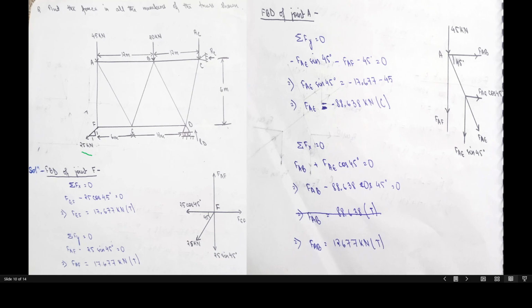So using the Pythagoras theorem, we can find the value of this one. That will be equal to root 2. And then if we find the angle, cos theta will be equal to 1 by root 2. That is nothing but cos 45 degree. So the value of theta will be equal to 45 degree.